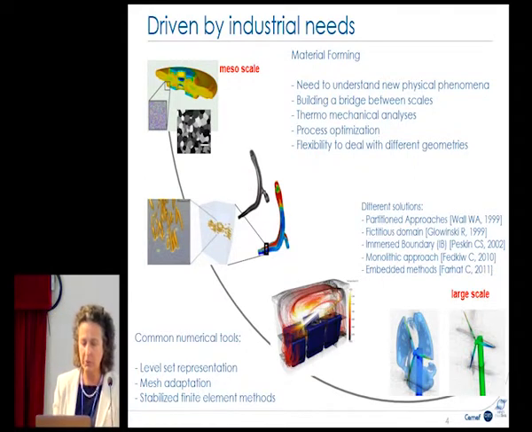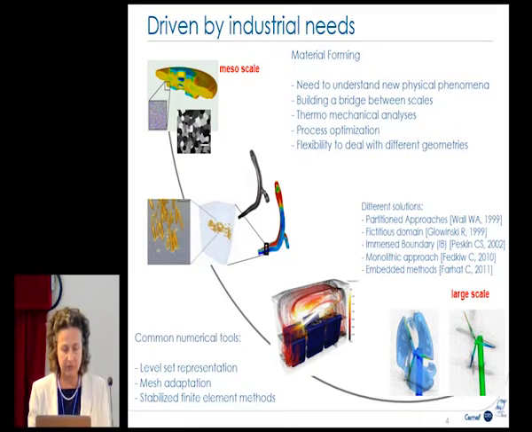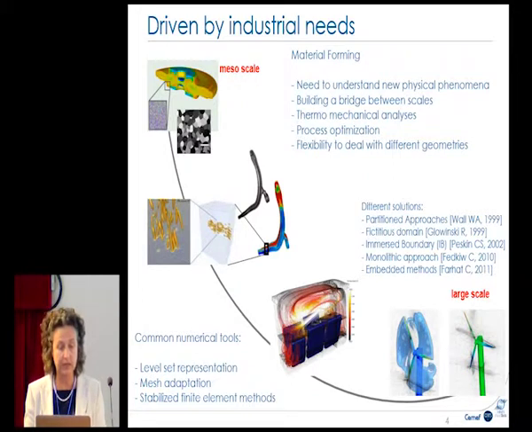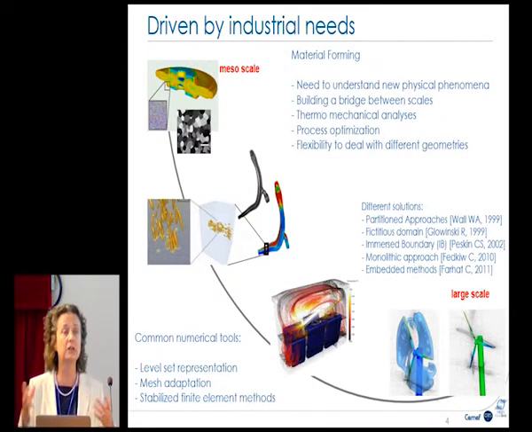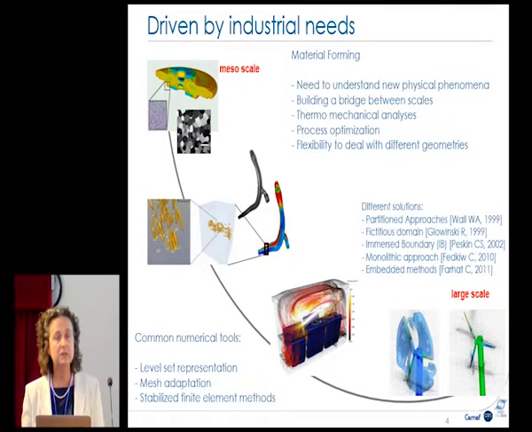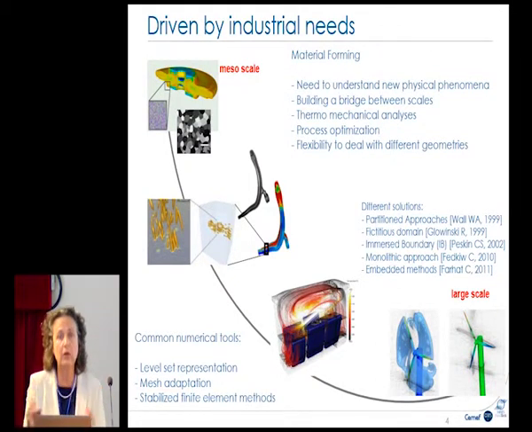So our numerical tool is based on level set representation with mesh adaptation and multiscale. A few words about the level set techniques. The idea is to immerse, for example, a solid into a fluid, and to compute the distance between the solid and the surrounding material, for example, the fluid.